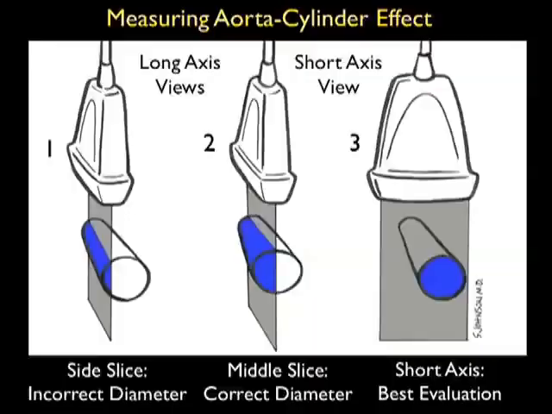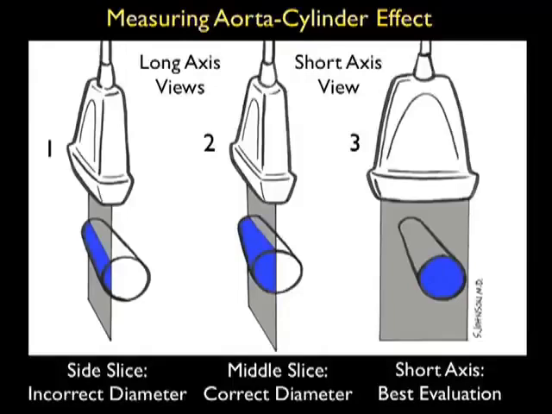This next illustration makes the point that choosing the correct probe orientation is very important in getting a correct measurement of the aorta due to the cylinder effect. Let's look at the two long-axis views of the probes along the aorta as shown towards the left of the image. Beginning in probe position 1, we see a side slice in which the probe is positioned towards the side of the aorta and underestimating the true diameter of the aortic lumen.